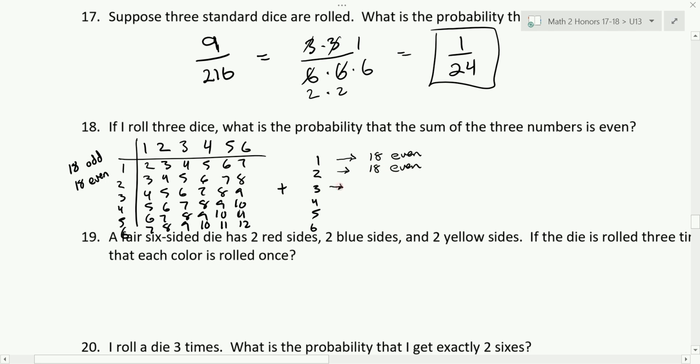Okay, then with the 3, what kind of numbers would we have to add with 3 to get an even sum? Odds. But there's 18 odds, and so no matter what happens, there's 18 that we get out of each one.